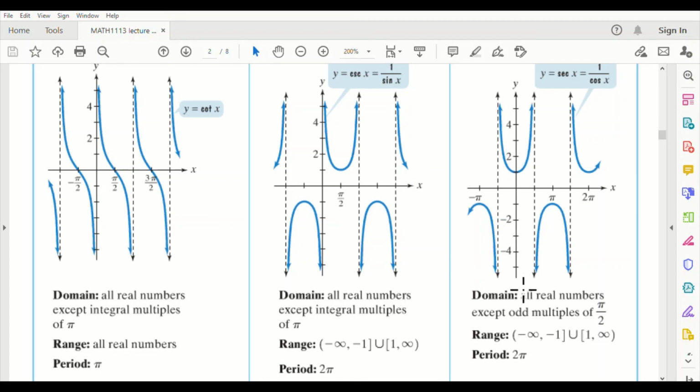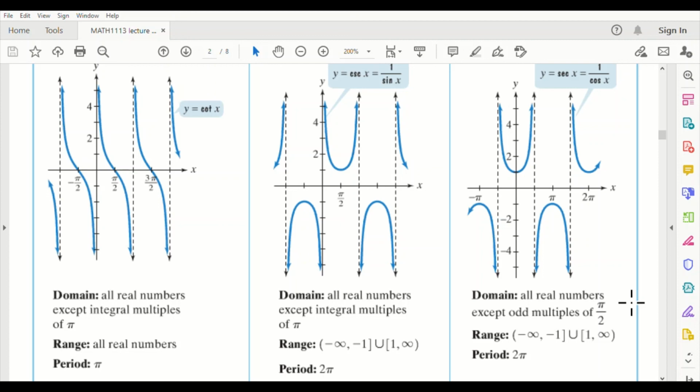And here's the function secant, which is just the reciprocal of cosine, and they're related in that way. The graph of it is here, and notice that whenever cosine crosses the x-axis, there's a vertical asymptote here, and the function secant is going to have all the real numbers as a domain except all multiples of pi over 2.